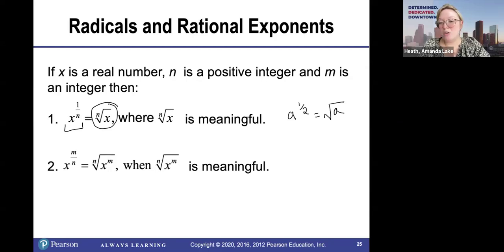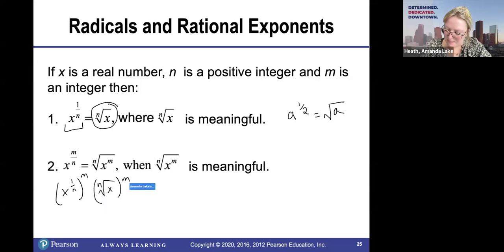X to the m over n power is the same thing as x to the 1 over n, to the mth power, and that's the nth root of x to the m, or the nth root of x to the m inside. Those two things are equal.